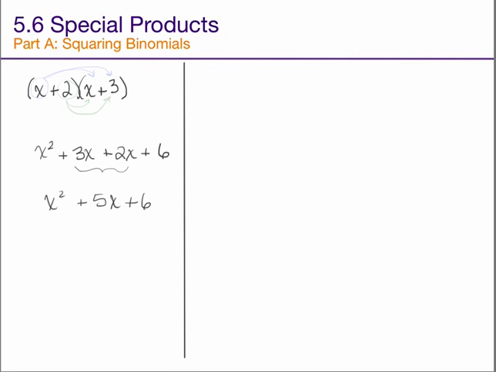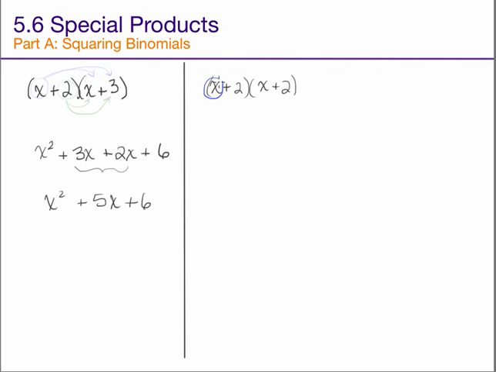But what if I give you a question like this one? X plus 2 times x plus 2 again. In other words, what if the two binomials are identical? Well, so what?